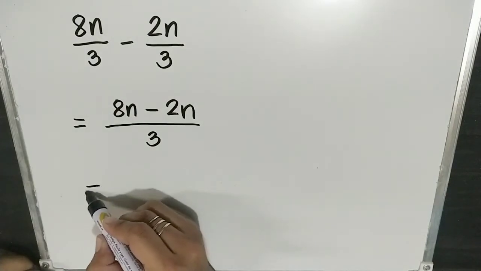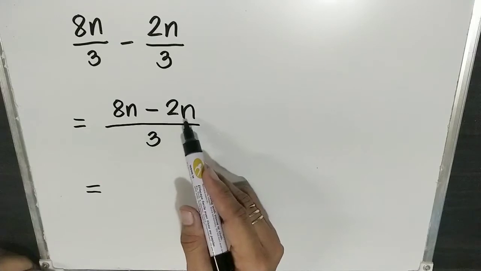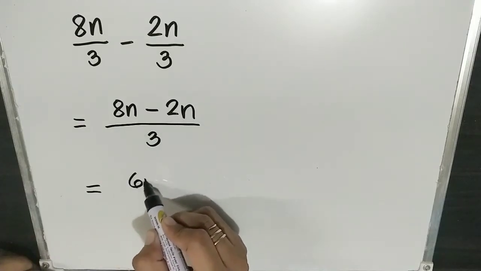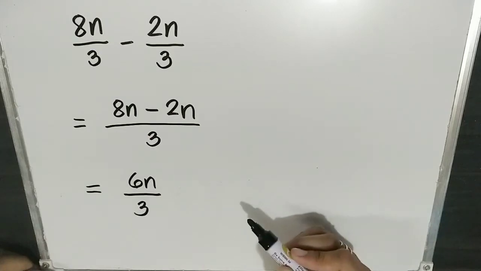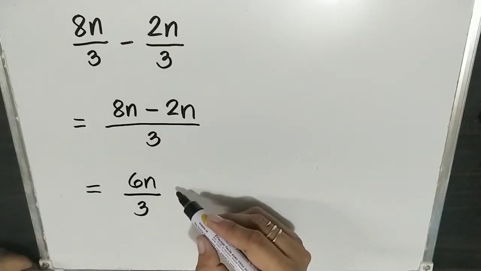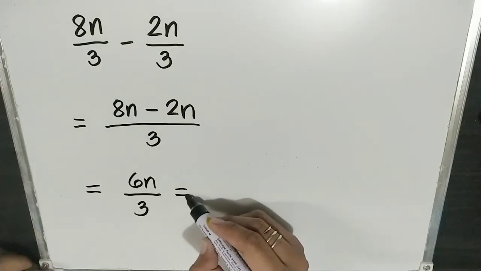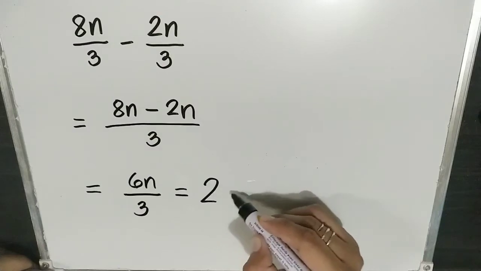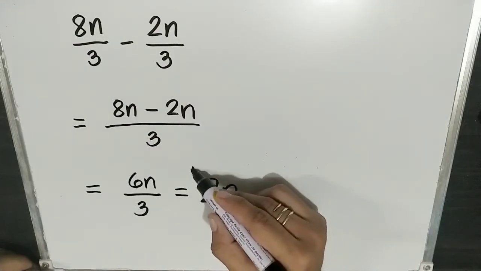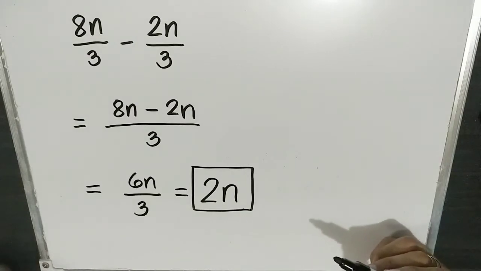So we have 8n minus 2n is 6n over the denominator 3. So let's simplify 6n over 3. 6 divided by 3 is 2. Then just copy n. So this is now the difference in simplest form. Let's have another example.